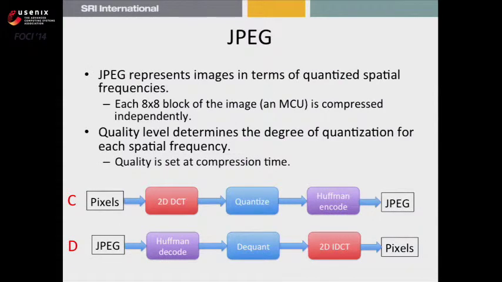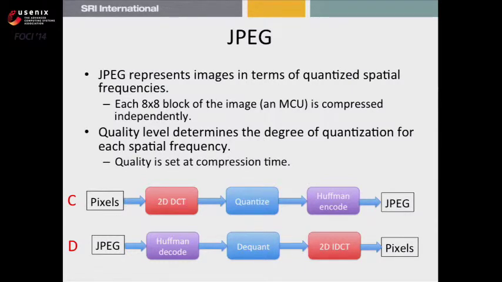So just to go over what JPEG actually does, on the bottom there you have two diagrams that show the compression and then the decompression processes in JPEG. Upon compression, the image is broken up into 8x8 blocks of pixels. Each 8x8 block is called an MCU.